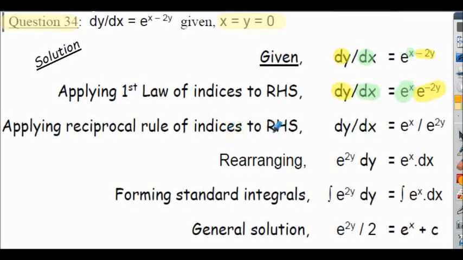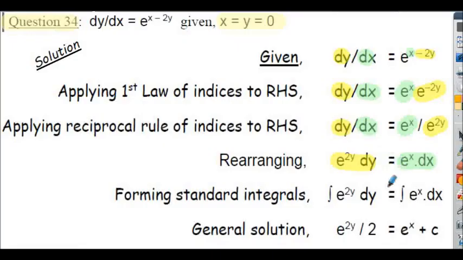And note I'm now applying the reciprocal rule of indices. E to the negative 2y means reciprocal, so on the right hand side I have e to the x divided by e to the positive 2y. Then rearranging, I multiply both sides by e to the 2y, and on the left hand side I multiply both sides by dx, so it's on the right hand side of the equation.